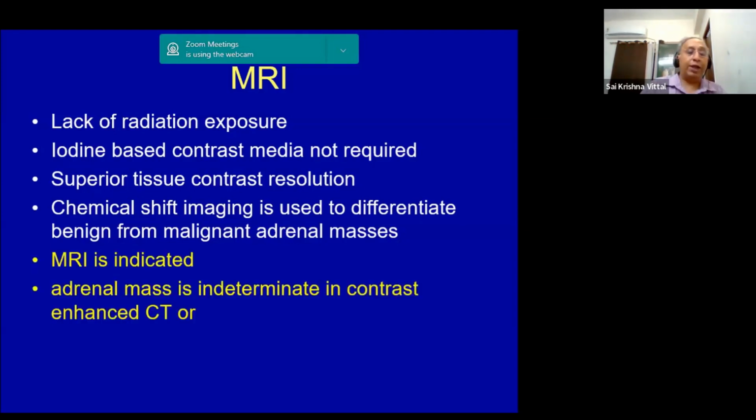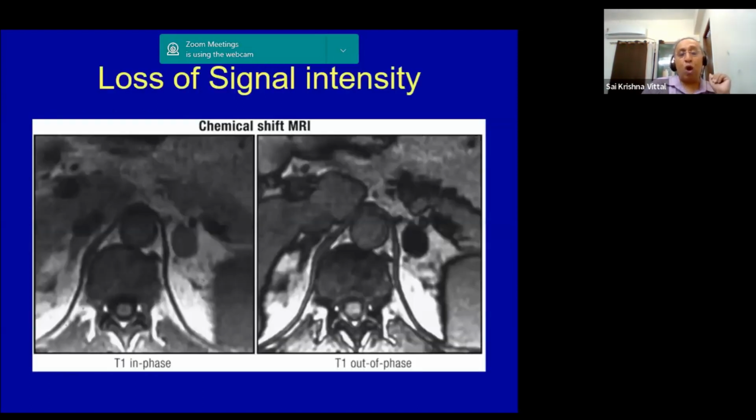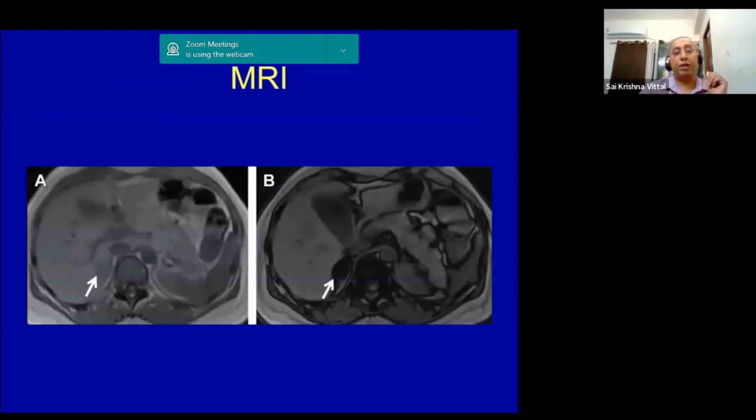When is MRI indicated? When you do a contrast enhanced CT and the radiologist still thinks that the adrenal mass is indeterminate, or you cannot use iodinated CT contrast, then you will go in for an MRI. And this is what is seen: there's a loss of signal intensity in out of phase images when compared to in phase images.